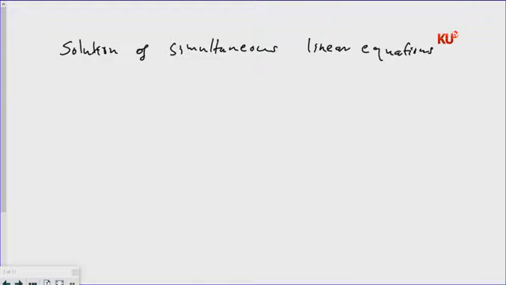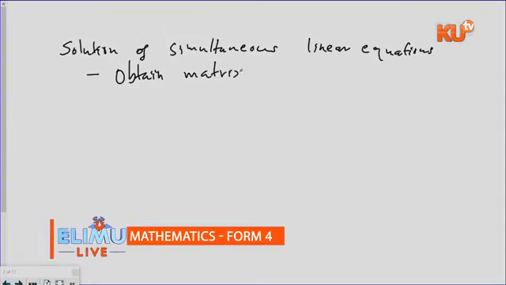In this part, what we need to understand is the procedure that we adopt in solving simultaneous linear equations using matrices. One of the procedures we have to be very cautious about is obtaining what we call the matrix equation. The matrix equation is obtained from the given equations.